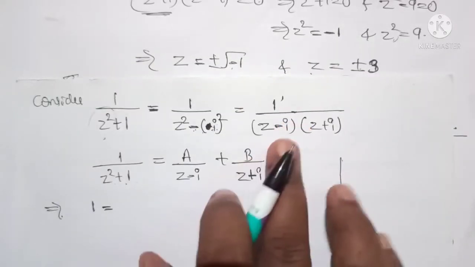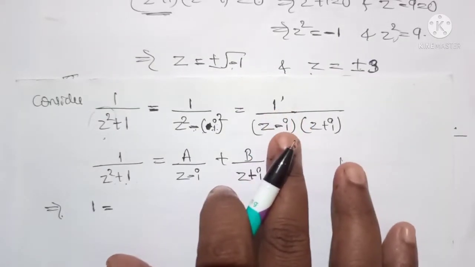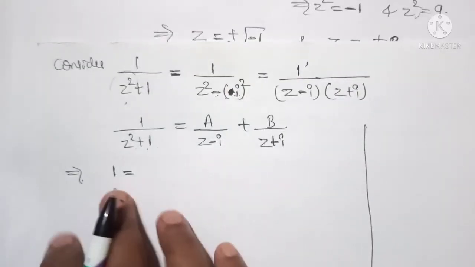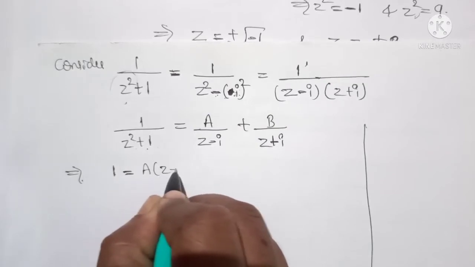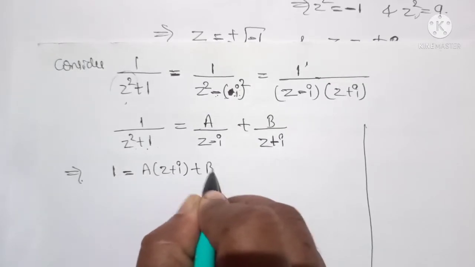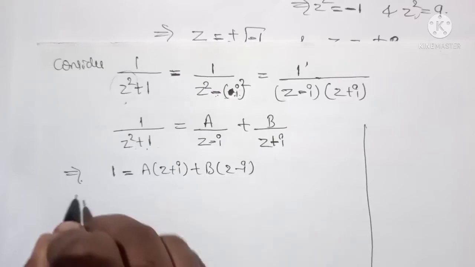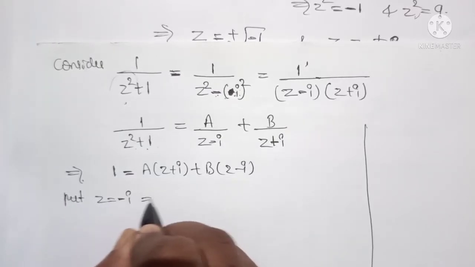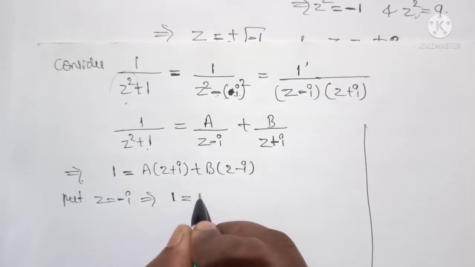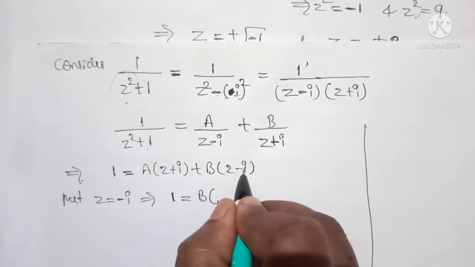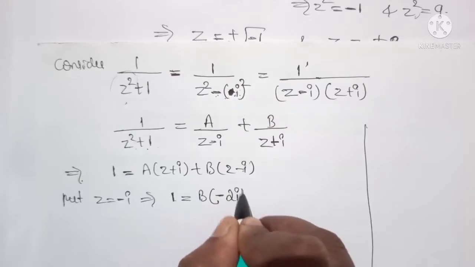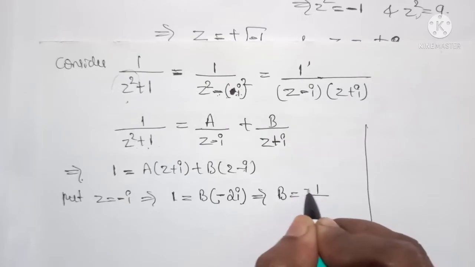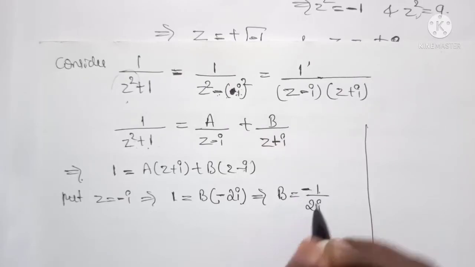Multiplying the whole equation by (z minus i)(z plus i) we get 1 equals a into (z plus i) plus b into (z minus i). Put z equals minus i, we get 1 equals b into minus 2i, which implies b is equal to minus 1 divided by 2i.